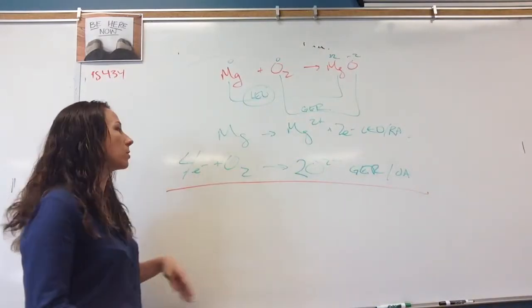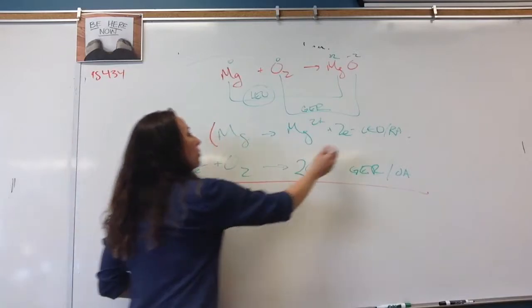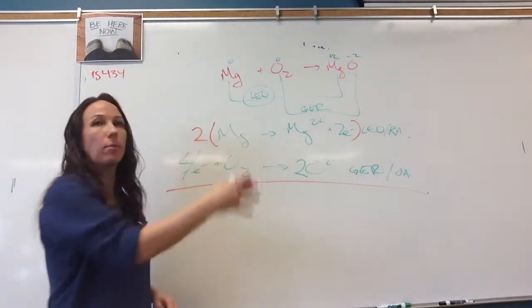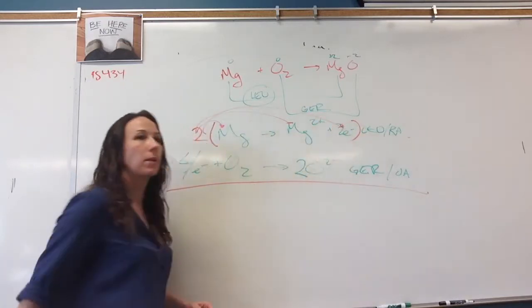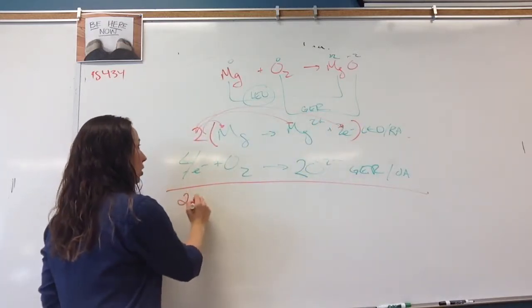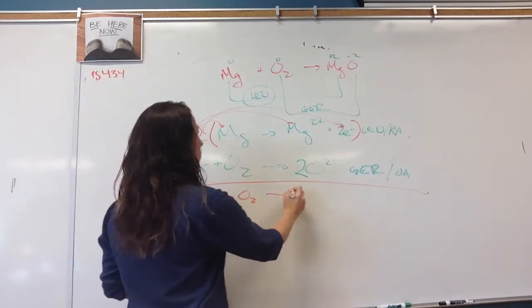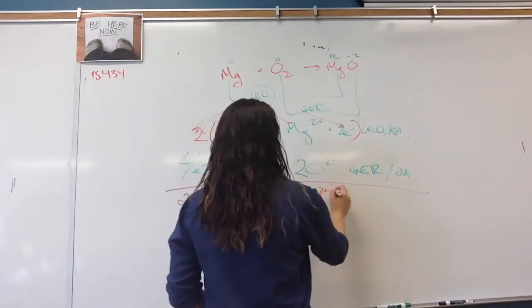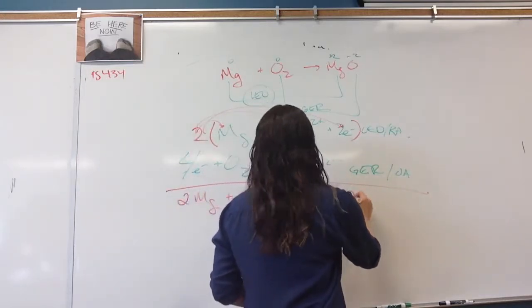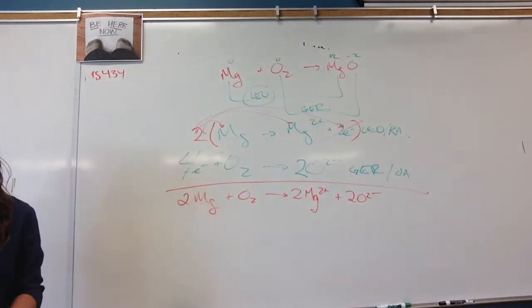If I'm losing 2, I must be gaining 2. Oh, no, gaining 4. So I must be losing 4. So I multiply this whole thing by 2. So I end up with 2 Mg, 2 Mg2+, and 4 electrons. So 2 magnesiums and oxygen go to 2 Mg2+ and 2 O2- because the electrons canceled out.